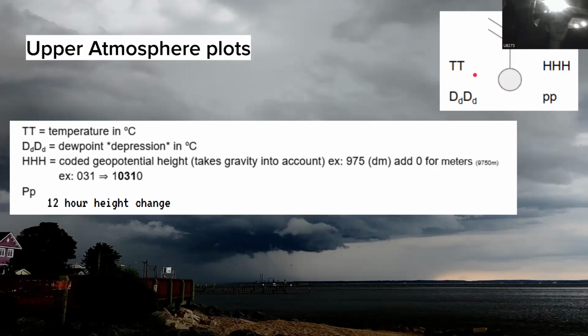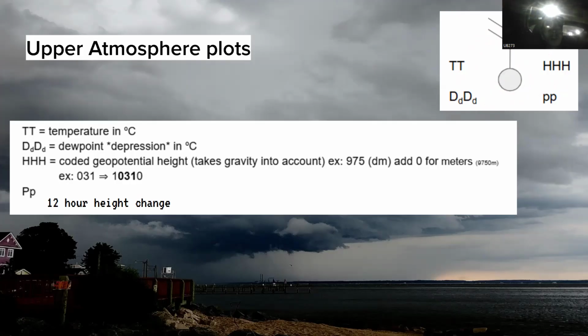We also have that in the upper atmosphere, and the four things are TT, DDDD, HHH, and PP. So the TT is going to be on the upper left of this model.